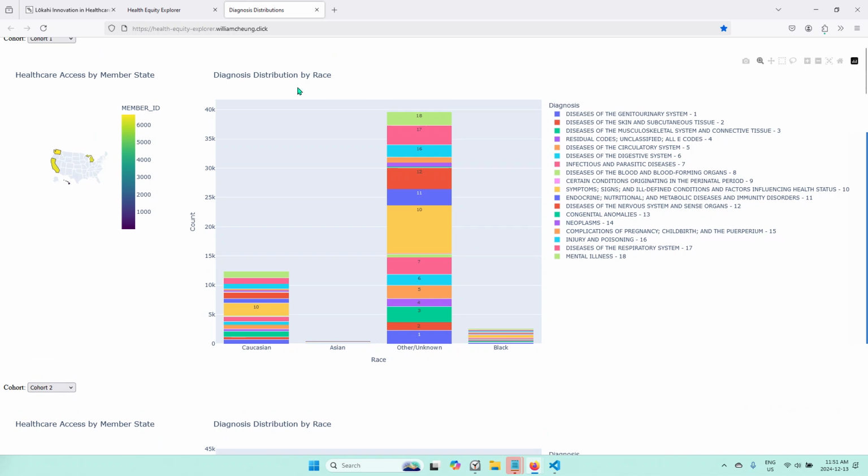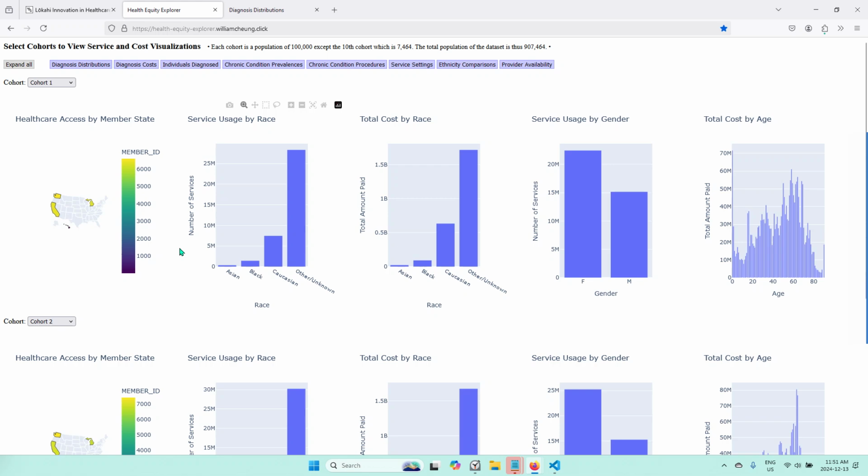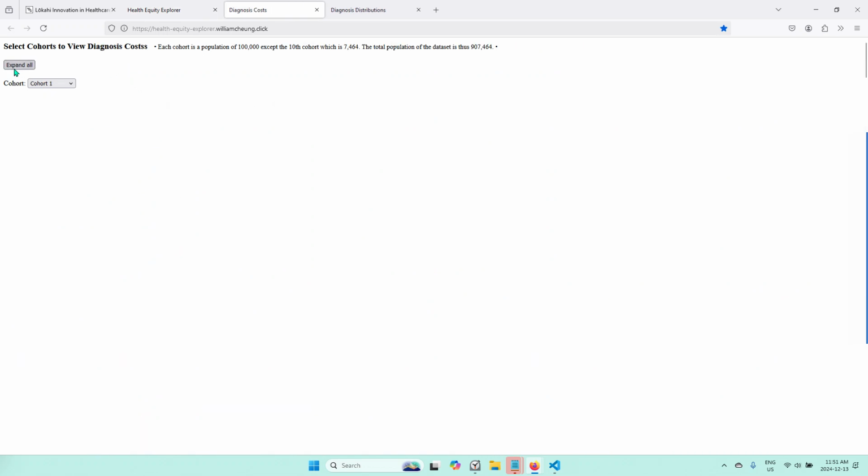So this is about diagnosis distribution by race for these diagnoses. And you can also look at diagnosis costs. So let's just expand all.